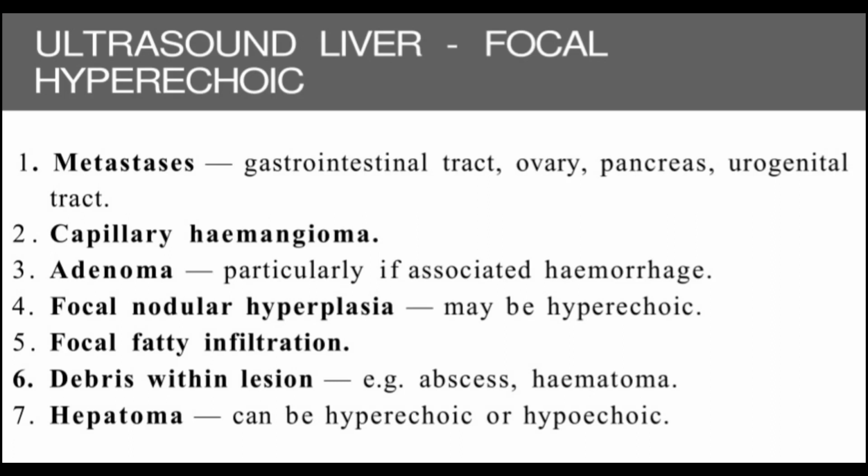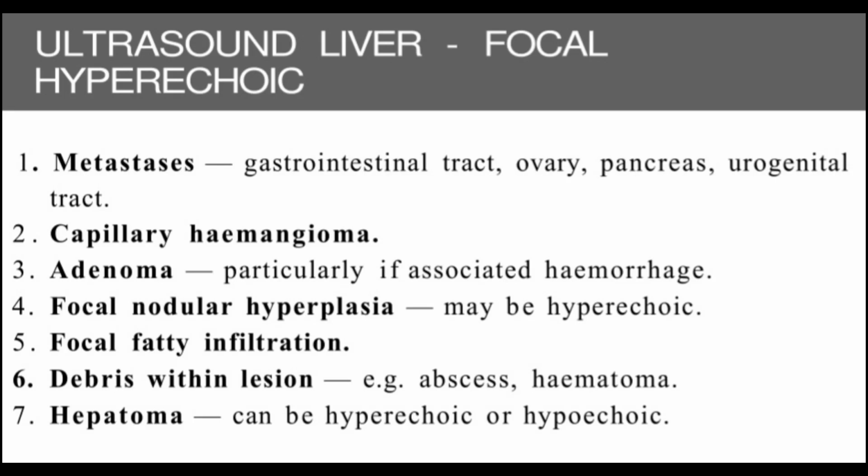In debris and other lesions, for example abscesses or hematoma, normally they appear hypoechoic, but because of chronicity and dense calcific foci and other debris, they may appear echogenic. Hepatoma is a malignant mass within the liver, usually hepatocellular carcinoma.